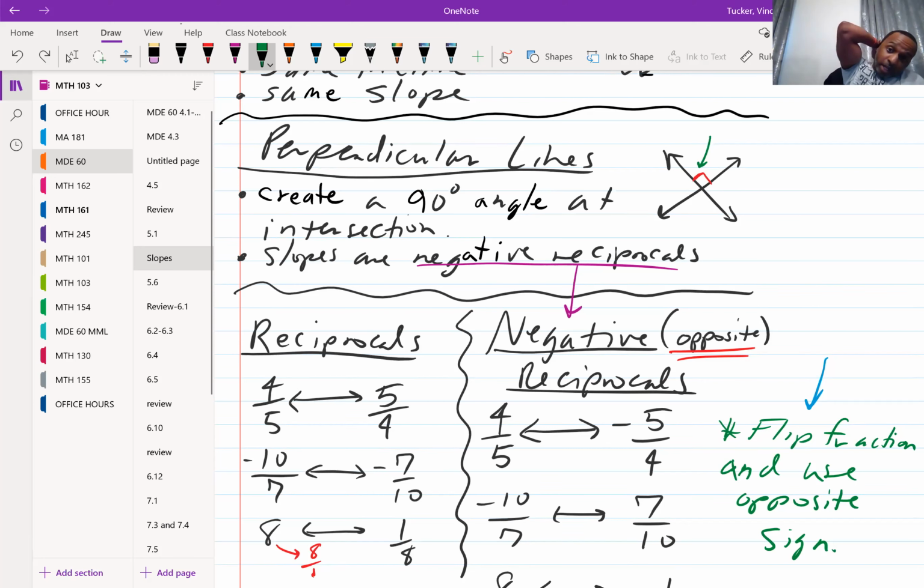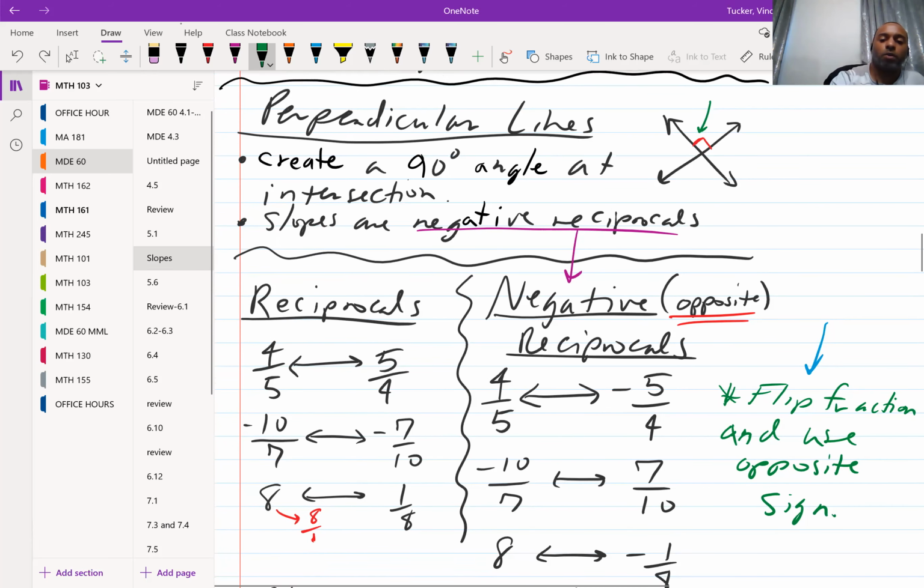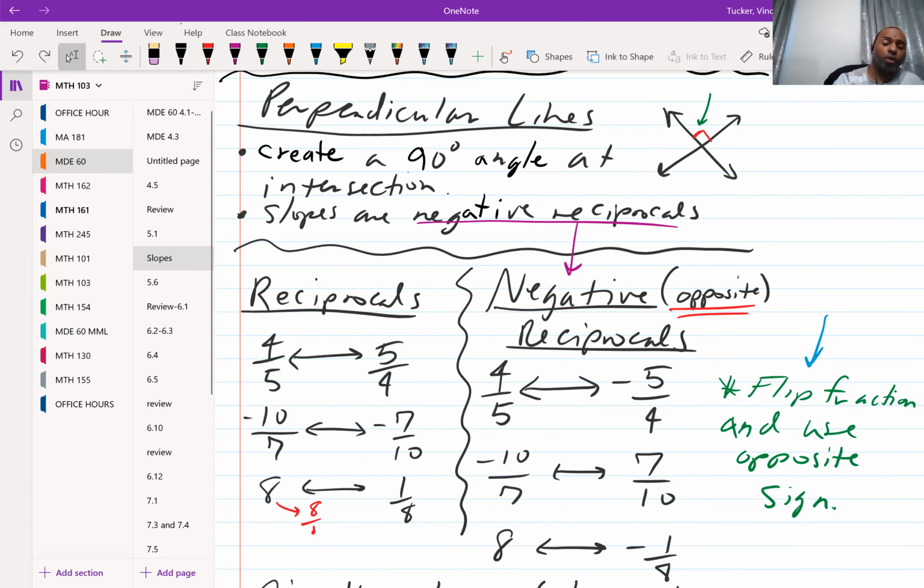Now, when you're talking about negative reciprocals, negative in mathematics means opposite. So that means you're going to flip the fraction and then use the opposite sign. If you're talking about slopes being negative reciprocals of each other, you flip the fraction and use the opposite sign. So if you have 4/5, the negative reciprocal would be -5/4.